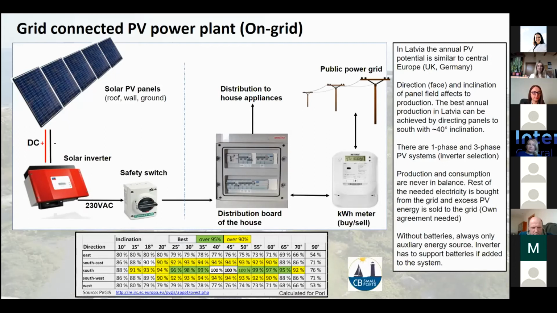You can see that in the middle, the green or yellow area is actually quite wide. Every direction between southeast and southwest is good, and if the inclination is from, let's say, 15 to 60 degrees, the production amounts are already quite good.